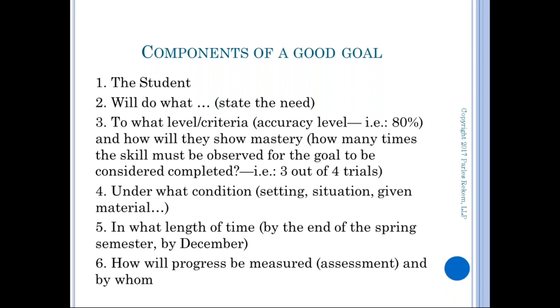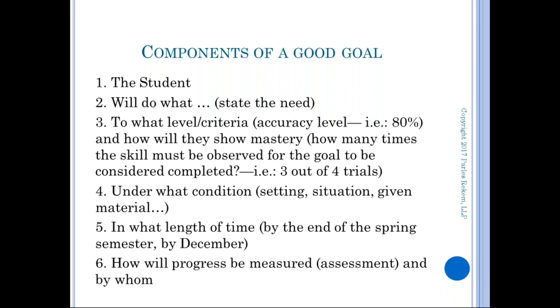We can write goals that have to be accomplished by the end of the spring semester, or by September, or within a month. How we determine the length of time really goes back to what I was saying about the rate of progress.